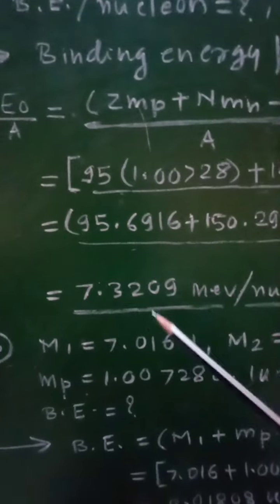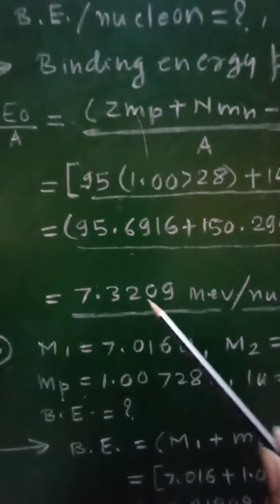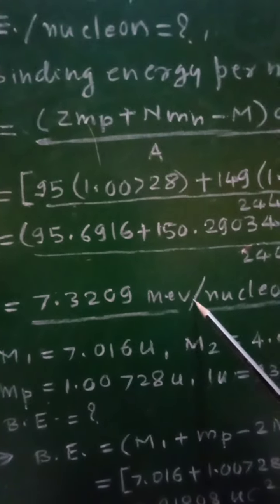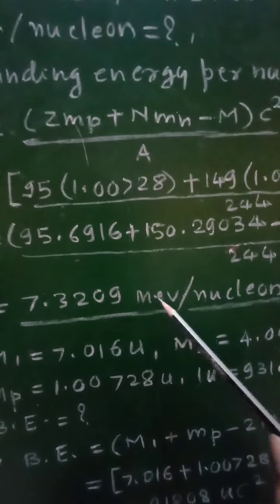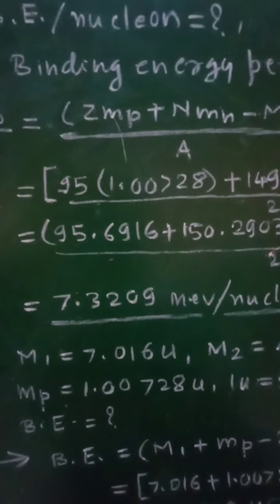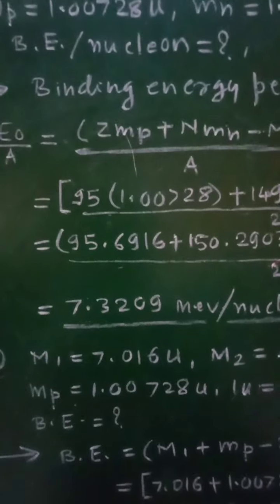Simplifying this, we will get 7.3209 mega electron volt per nucleon. This will be the required binding energy per nucleon.